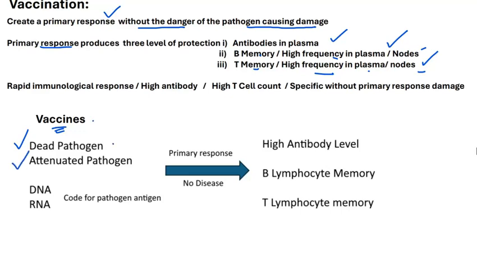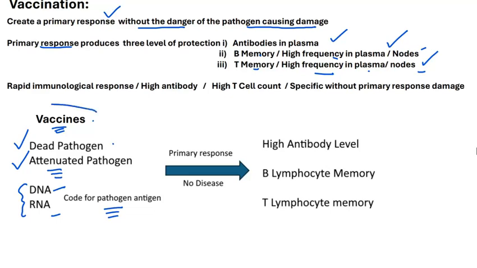For some of them, that doesn't work, so we have to do what's called attenuated pathogen. It's extremely weakened. It's not actually dead, but weakened so that it too cannot replicate. And then there's another more recent type of vaccine, which are those based on the molecules of DNA and RNA, where those DNA and RNA molecules code for the antigen of the pathogen.